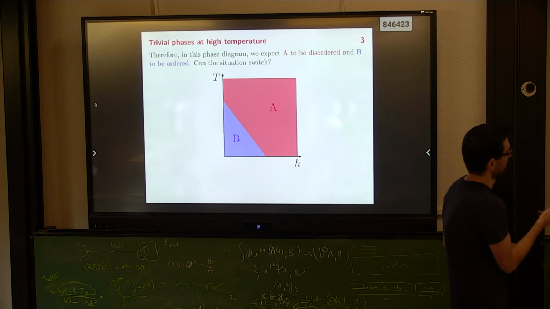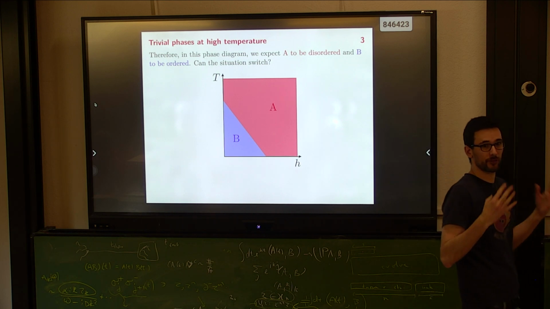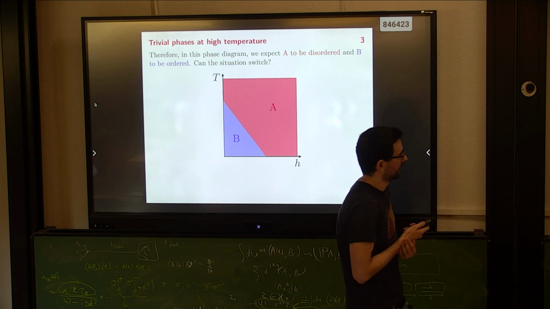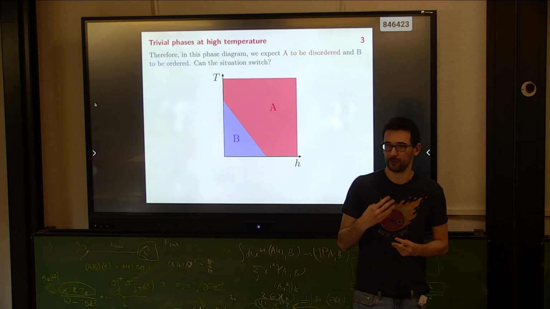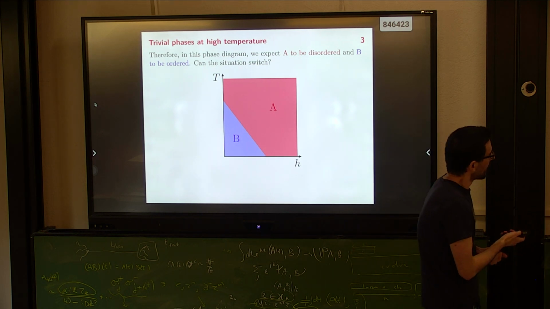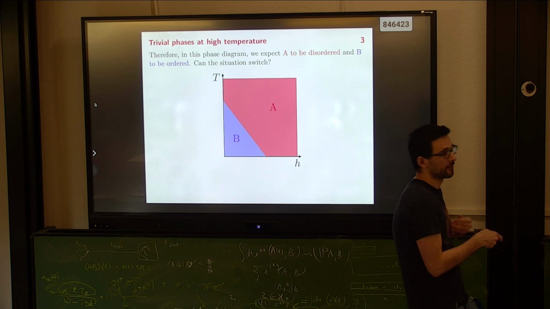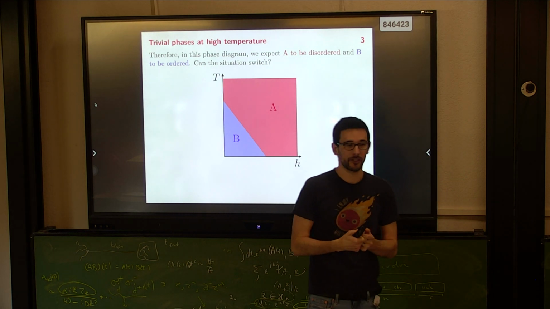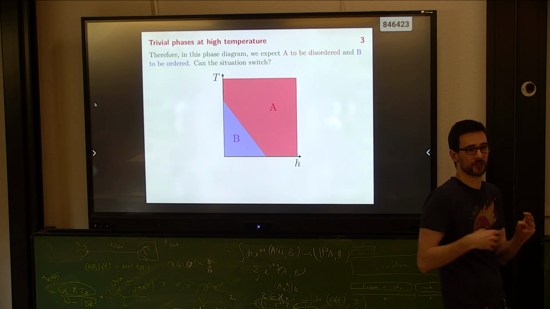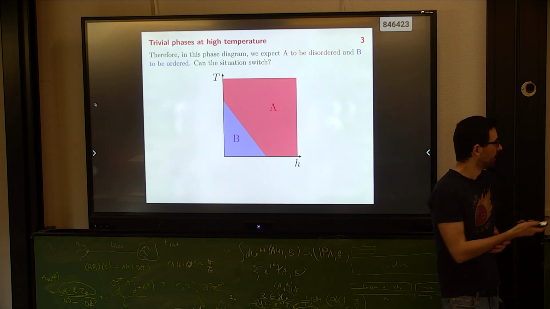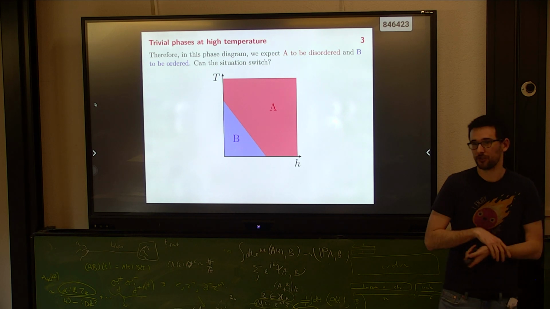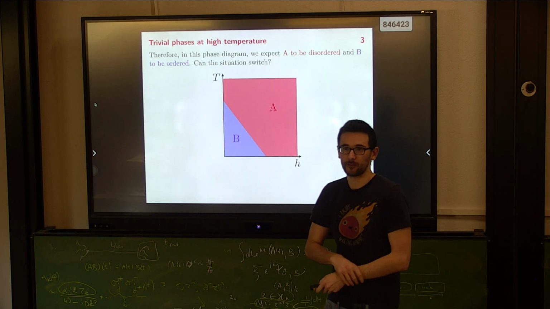We expect that A, the phase which proliferates at high temperature, is the disordered phase, and B is the ordered phase, if we have a typical phase transition. And in particular, this means that if we're studying, for example, a conformal field theory, as we tune this parameter h, which would correspond to a relevant operator in the field theory, we would expect that at the critical point, when we heat it to finite temperature, we are in a disordered phase.